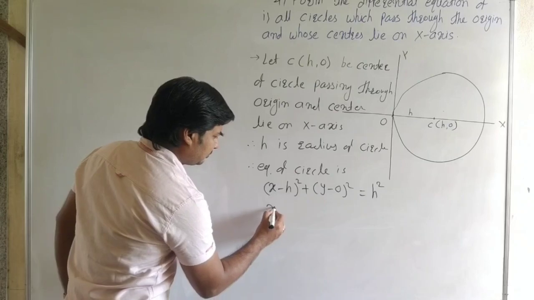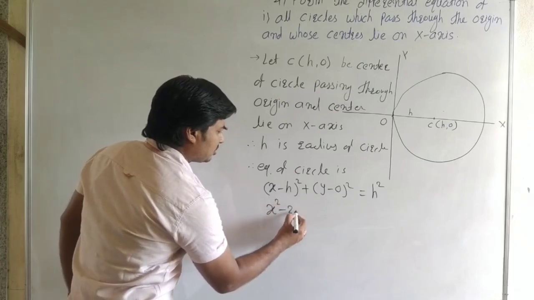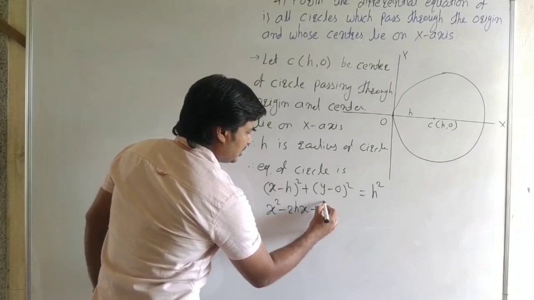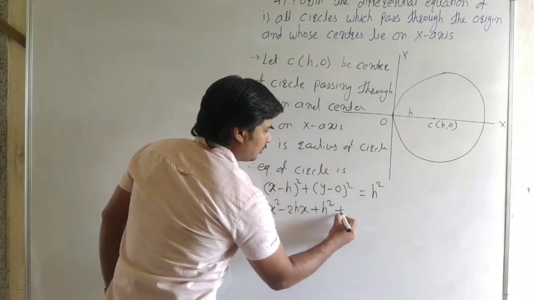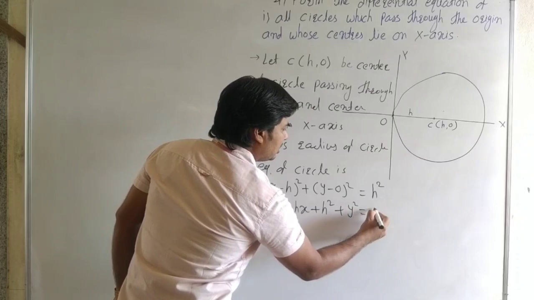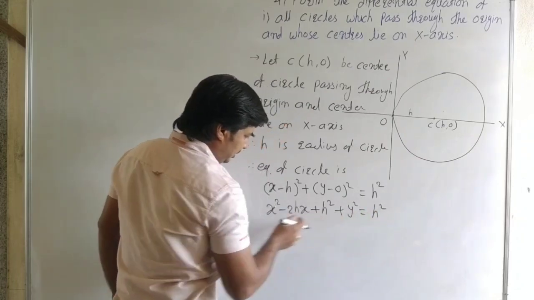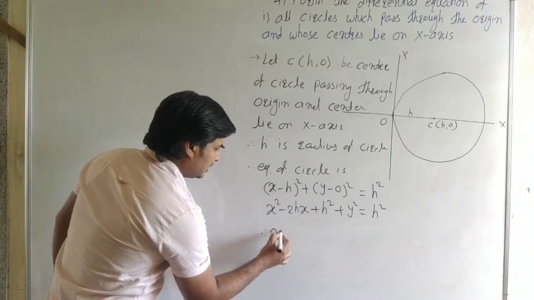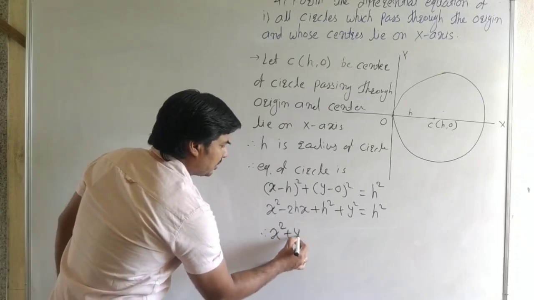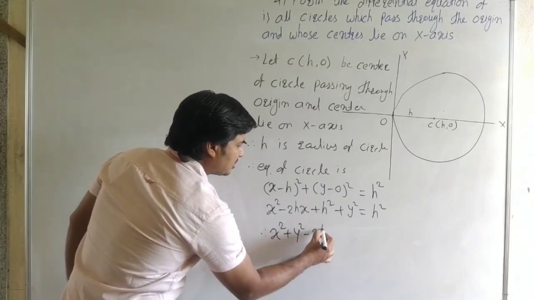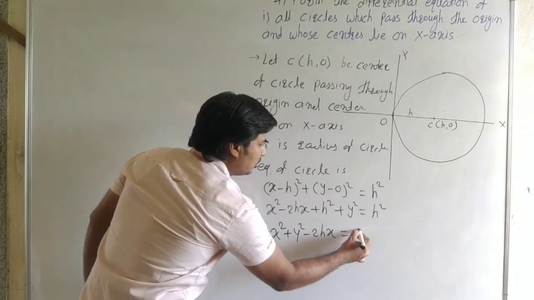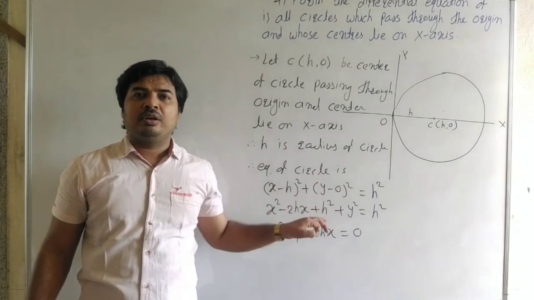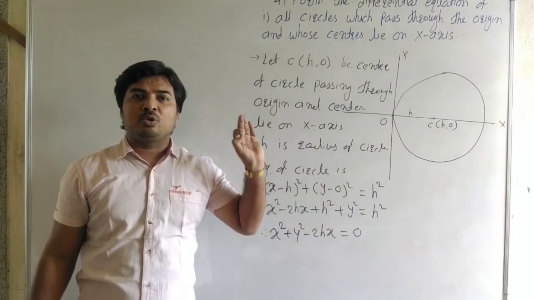It is x square minus 2hx plus h square plus y square equals h square. In this equation h square gets cancelled. It is x square plus y square minus 2hx equals 0. Now this is the equation of the circle where h is an arbitrary constant.